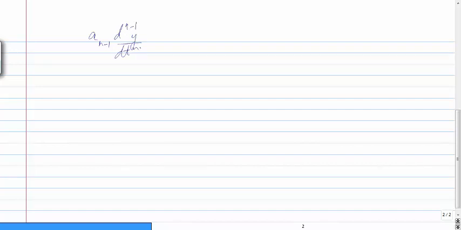For starting this, if you remember, if we have a dynamic equation with the nth order derivative plus so on plus a1 dy by dt plus a naught y is equal to b naught u.